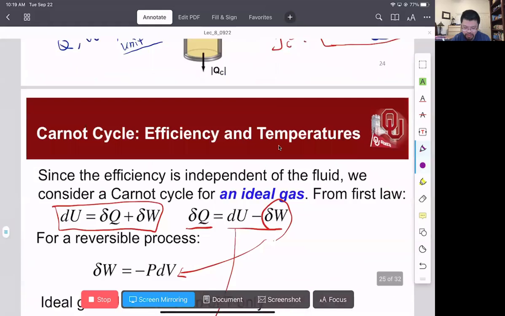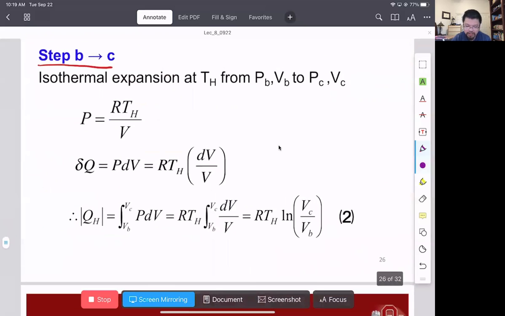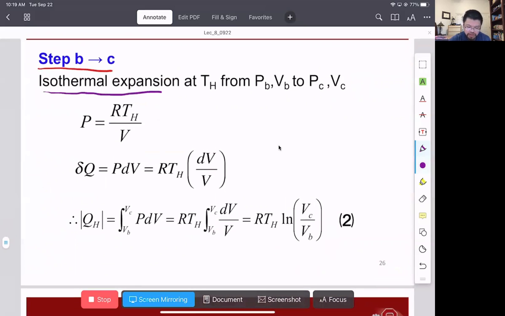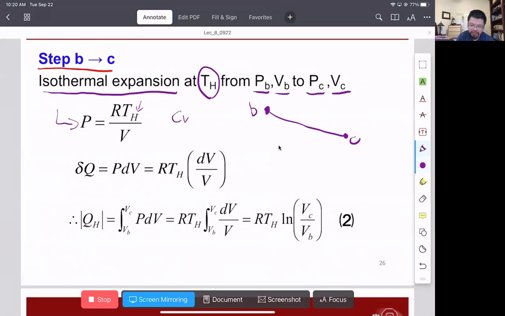So if we look at what I have over here, we have the isothermal expansion. It's at the fixed temperature TH, and suppose those two conditions B and C are known to us. So we have PB, VB, the pressure and the volume at condition B, and likewise at condition C. So now you see the convenience of using ideal gas. PV is RT, and TH is the fixed temperature. So over there, the temperature is fixed, so CV dT would be 0, right?